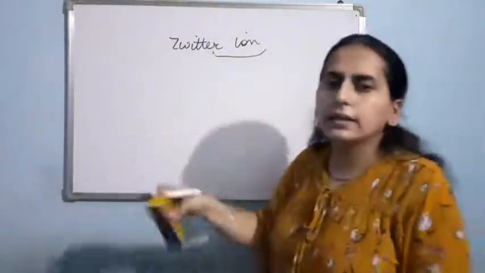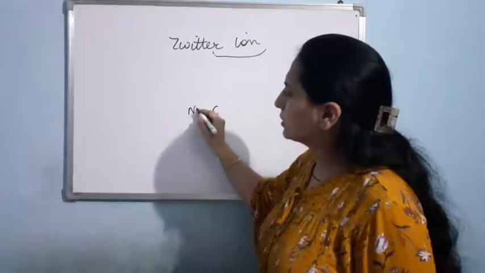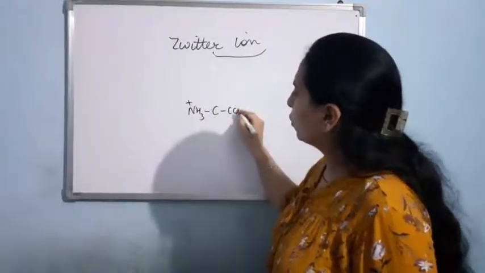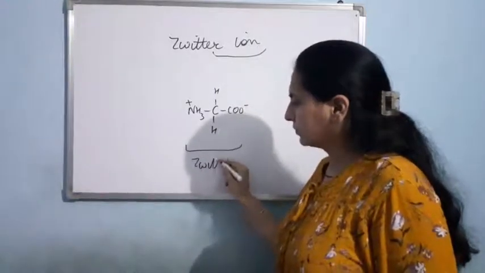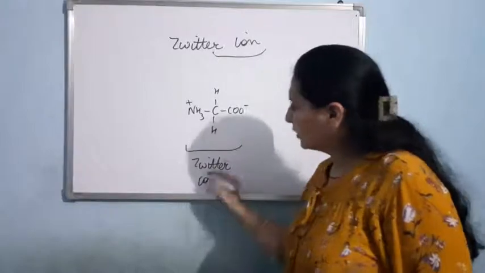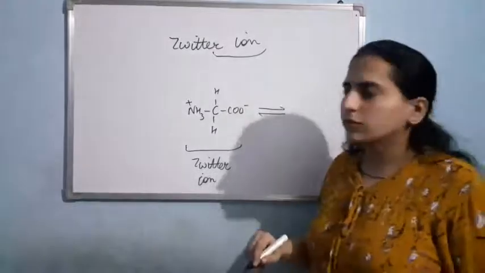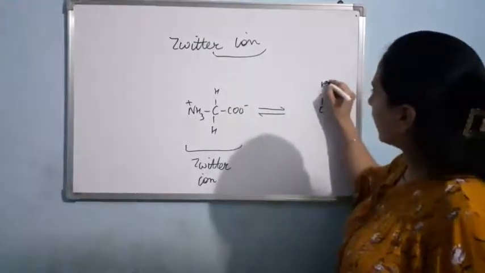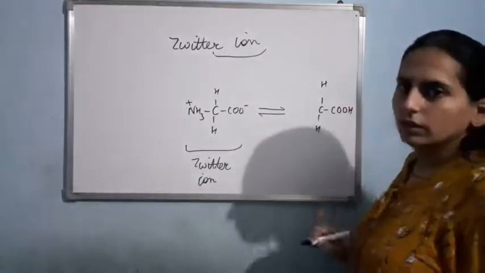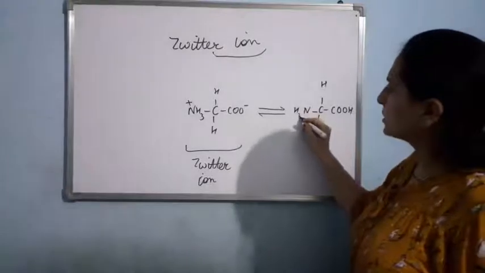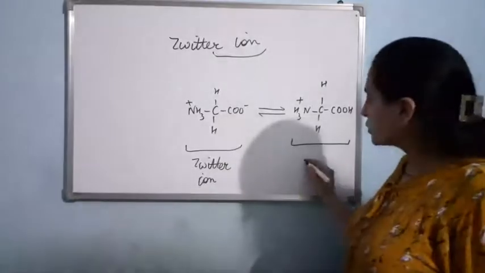Let me make this Zwitter ion in the center: C, NH3 positive, COO negative, H. This is my Zwitter ion in case of the neutral pH. Now there is one more structure: C, H is there, that is same. Now here I am having COOH and here NH3 positive. This structure is present in case of acidic medium.